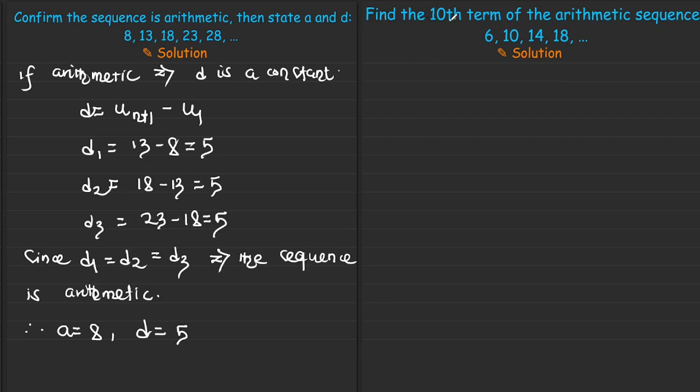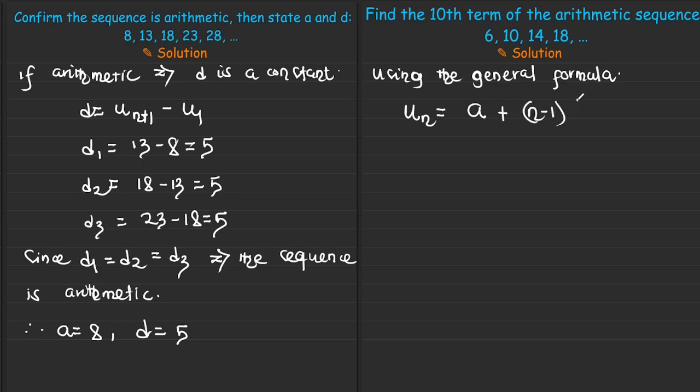It says, find the 10th term of the arithmetic sequence 6, 10, 14, and then 18. Now we know the general formula. So we say using the general formula. And what does the general formula say? It says Un is equal to A, that is the first term, plus (n minus 1)D.